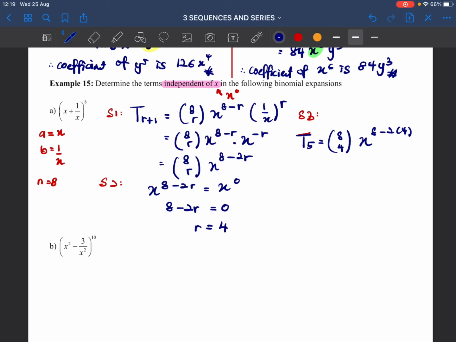So now 8C4 is equal to 70 x to the power of 0. So the coefficient for, or we can say the term independent of x, is 70. Okay. Alright.